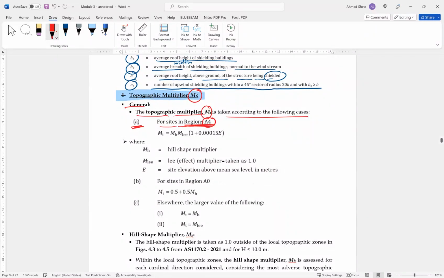So for A4, MT equal to MH times MLE times (1 plus 0.0015E), where MH is the Hill shape multiplier, MLE is the Lee effect multiplier taken as 1, and E is the site elevation above mean sea level in meters. So this is the site elevation. This is 1. MH is the Hill multiplier, which will be calculated later.